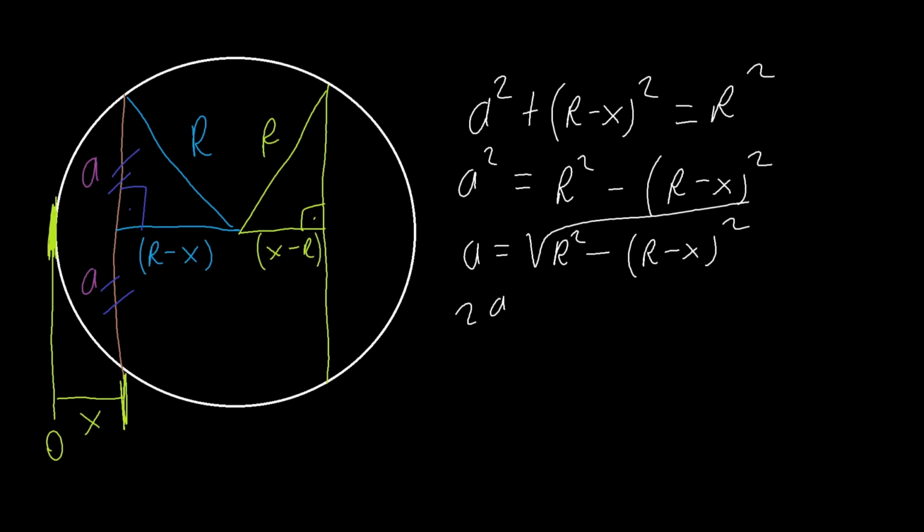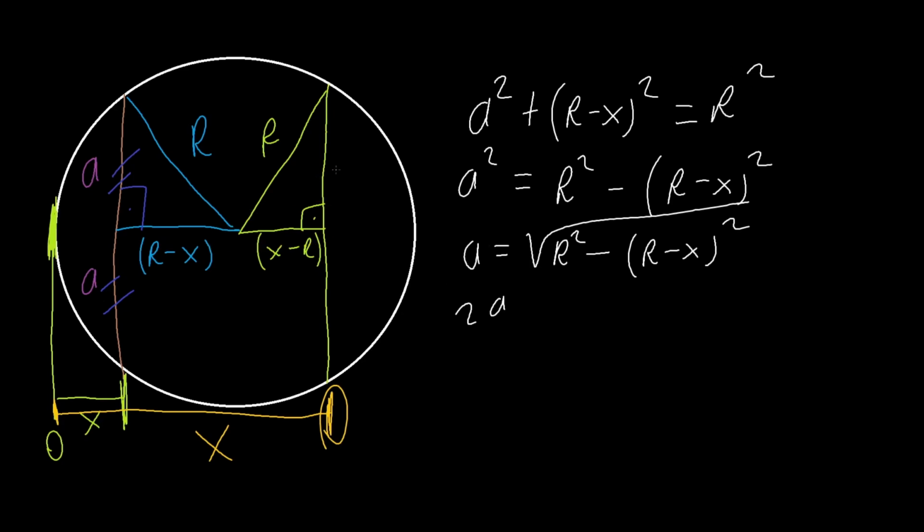Why? Because we are interested in the distance from here to here, which is x in our case. And we call the distance x again, and this will be x minus r.